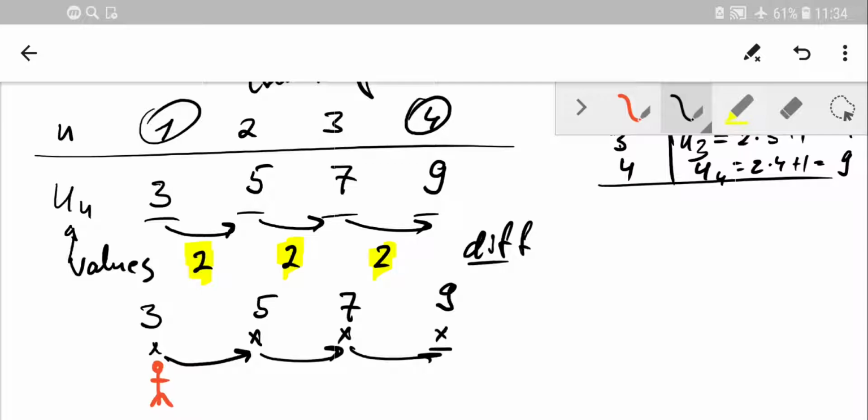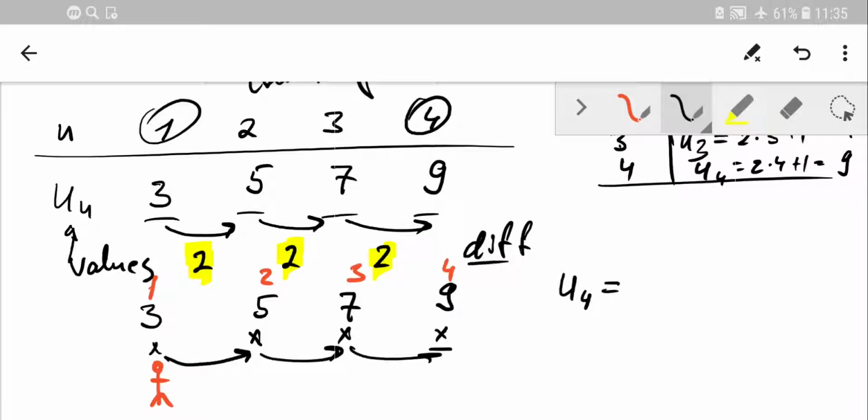So that's the first stone, second, third, and fourth. In order to get to u4, we need to make 3 consecutive jumps.